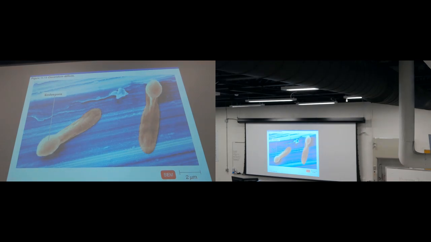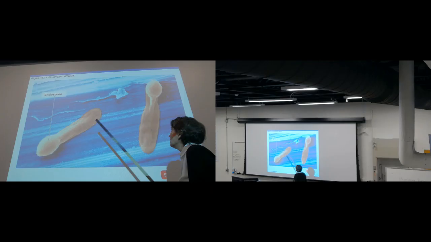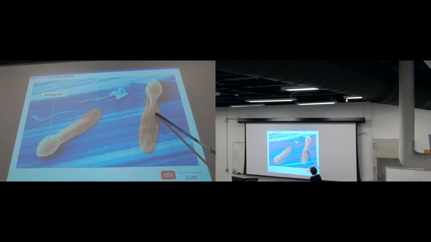Now, here we have a scanning electron micrograph of C. difficile, in which you have this rod, and this rod is producing endospores. These endospores are important in diagnosis. Remember, endospores are structures that are formed when the bacteria is about to die, and then it releases them into the environment as a form of survival.